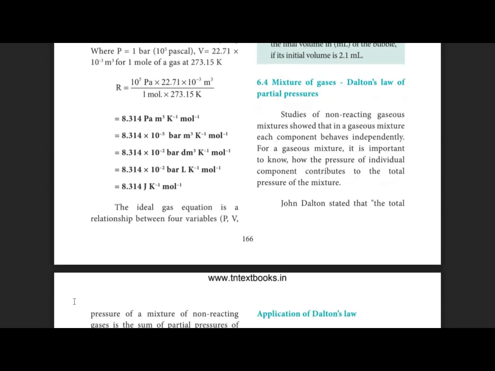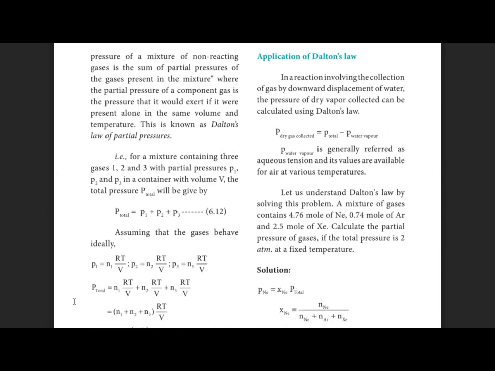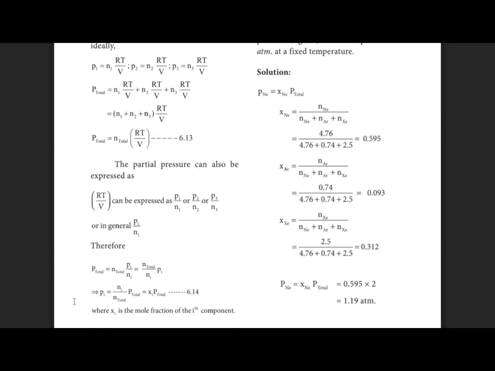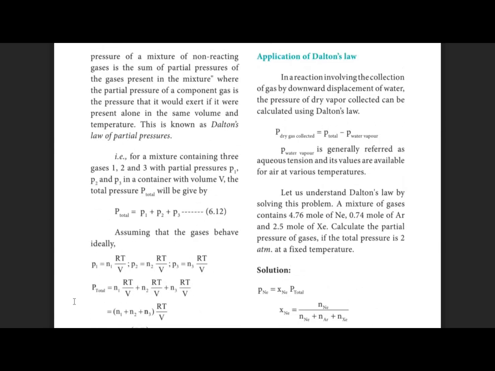John Dalton states that the total pressure of a mixture of non-reactive gases is the sum of the partial pressures of the gases present in the mixture. The partial pressure of a component gas is the pressure that it would exert if it were present alone in the same volume and temperature. This is known as Dalton's law of partial pressure.